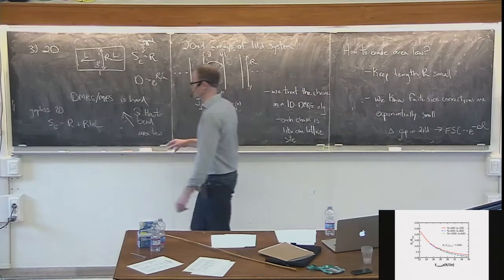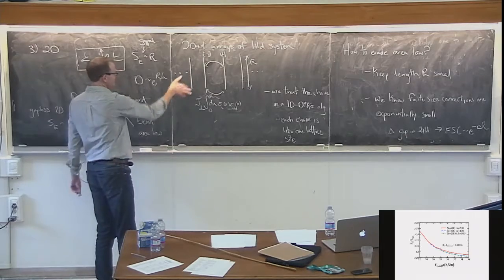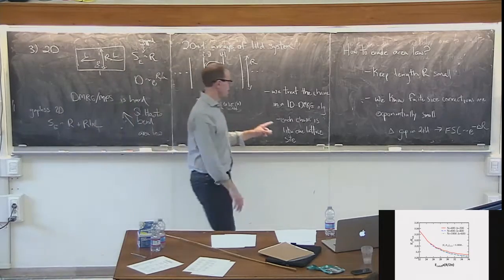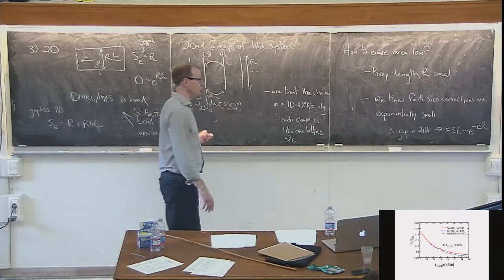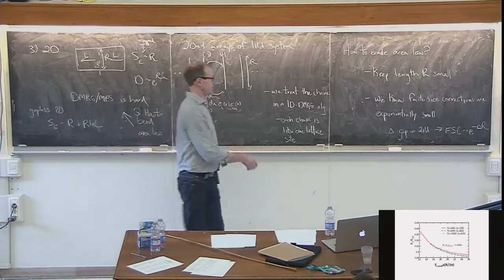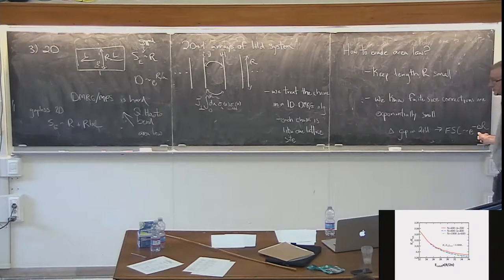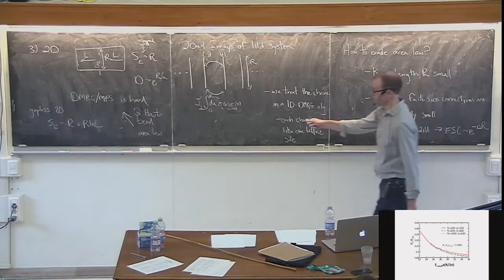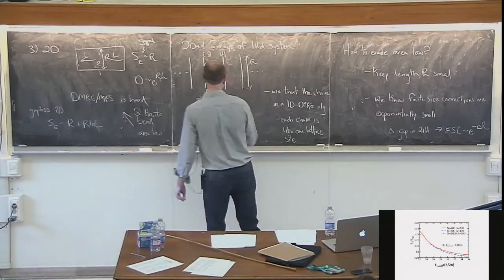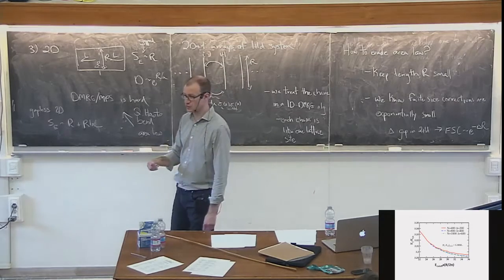A key element of this is that we're representing the chains as a continuum system. If we were to represent it as a lattice, then we would not necessarily get finite size corrections that were exponentially suppressed. But because we're working with a continuum field theory, our finite system size corrections are small.